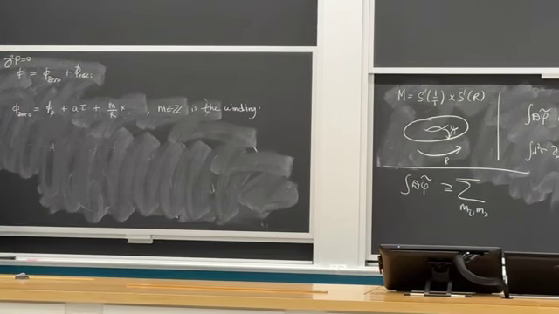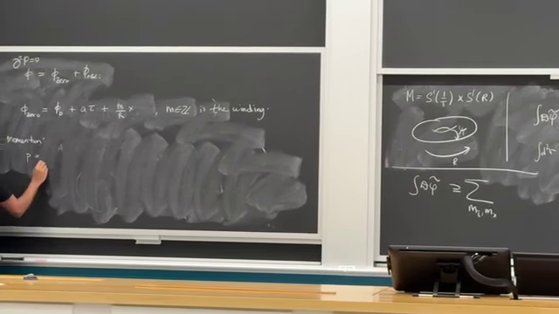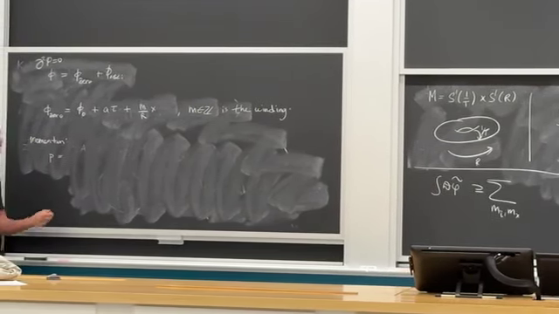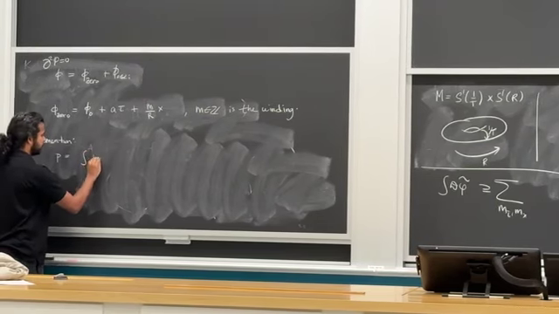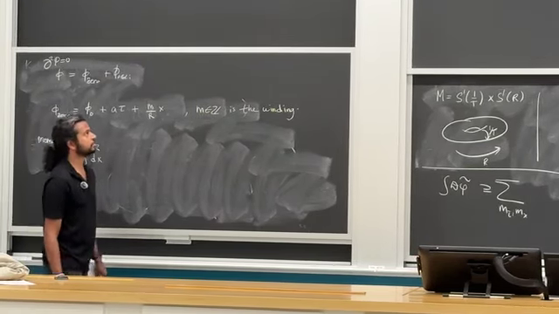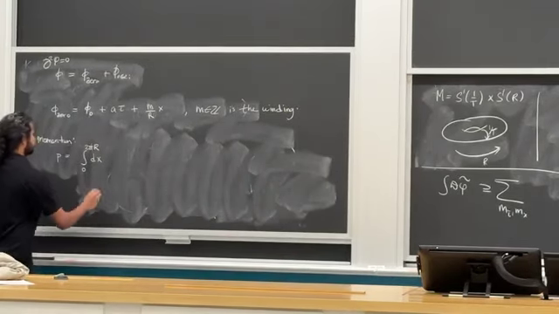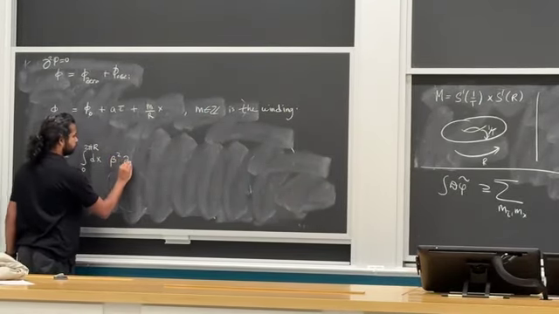Now I can find the momentum from the action, and P is the integral over the momentum density, which is the integral dx from 0 to 2 pi r. The momentum density, if you remember what the action was, is just beta square d tau phi.